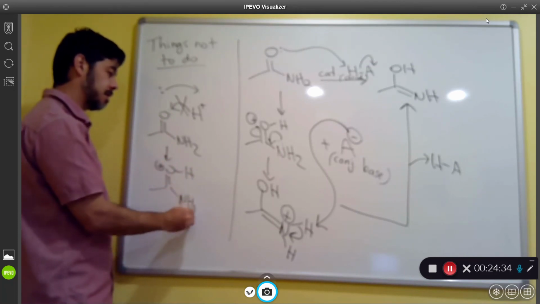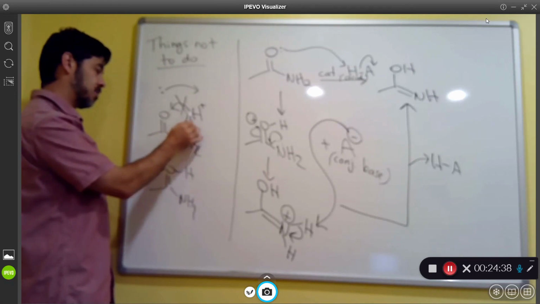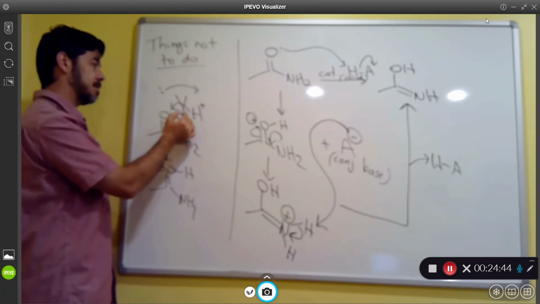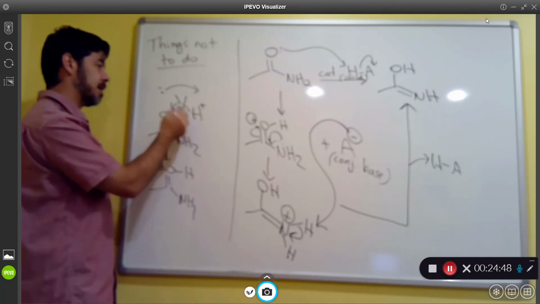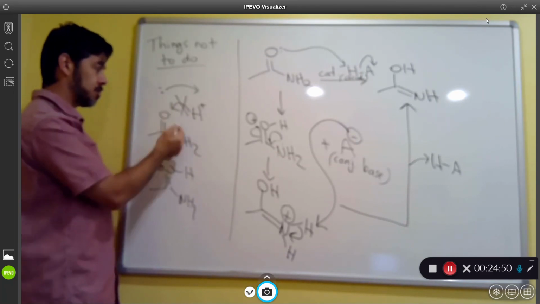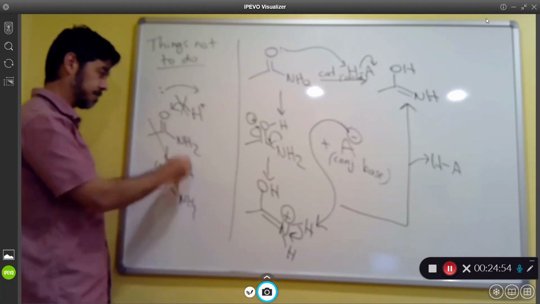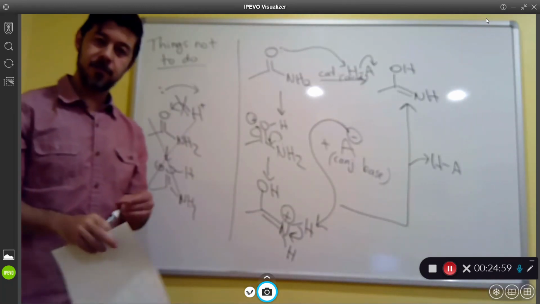This doesn't make sense fundamentally. First of all, the proton doesn't have any electrons, so it can't move electrons to here. And furthermore, this oxygen already has a full octet, so it can't accept any more electrons. So make sure that you draw the arrows in the right orientation. Don't do that. All right, so that concludes this first portion of the lecture.